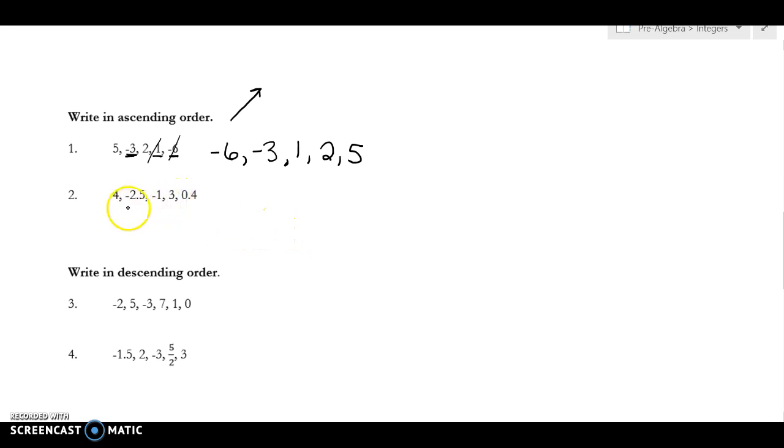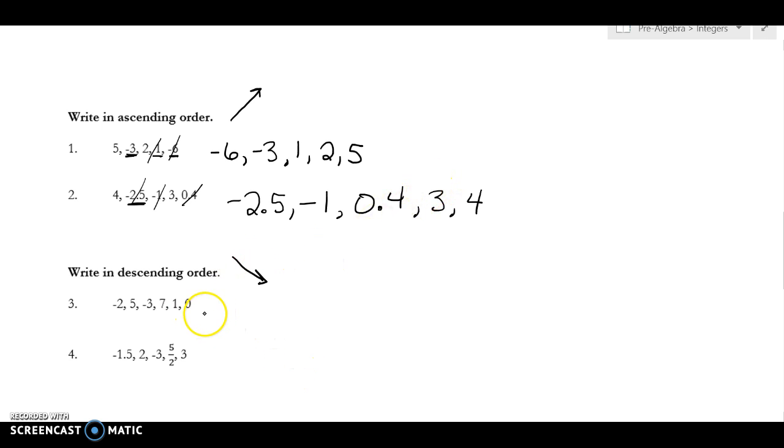For number 2, my number farthest to the left was -2.5, and then -1, then 0.4, 3, and then 4. For the next one, descending, remember, is going down, so I look for my biggest number.